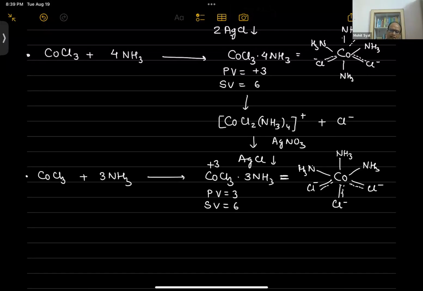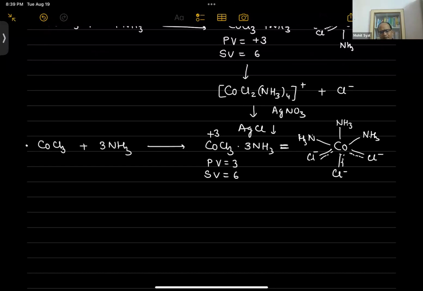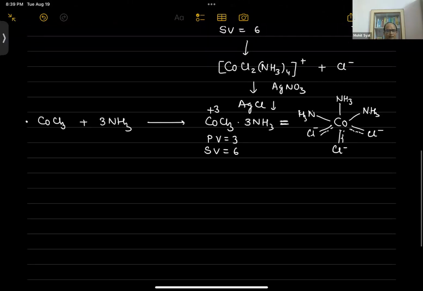So how many of them will be ionizable? Will all the 3 chloride ions get ionized? Only 2? 2 or none of them? In the last case, none of them will ionize. Are you getting my point?